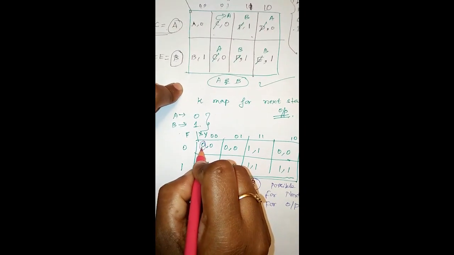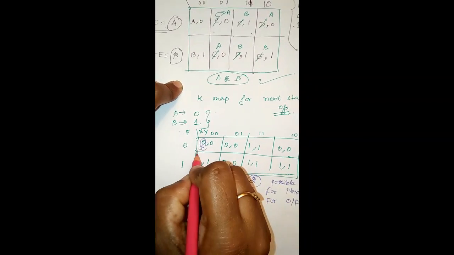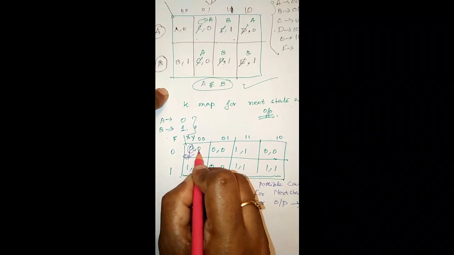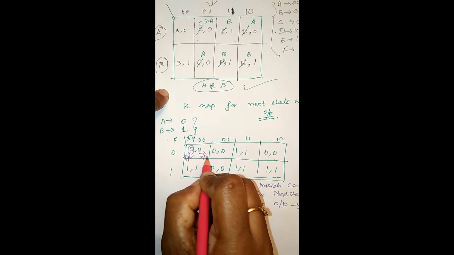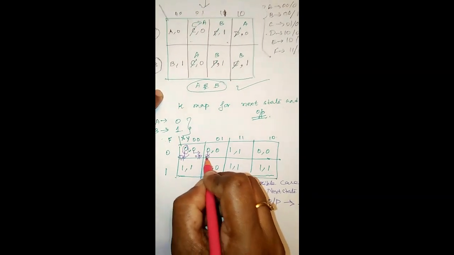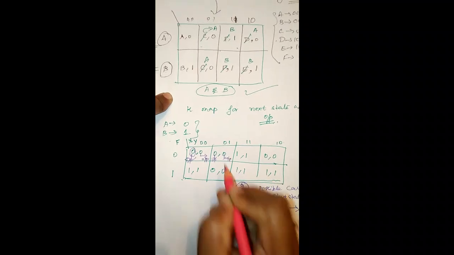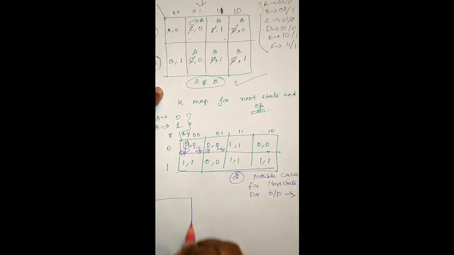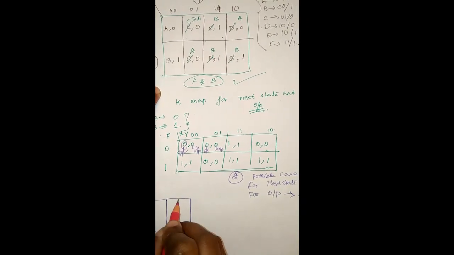The first term, before the comma, is your next state, and the term after the comma is your output variable. So this is your next state, and this is your output. So let me write the K-map and group it for you all.